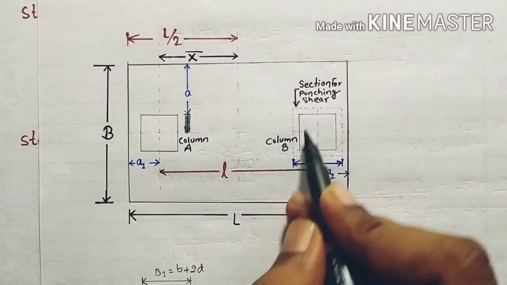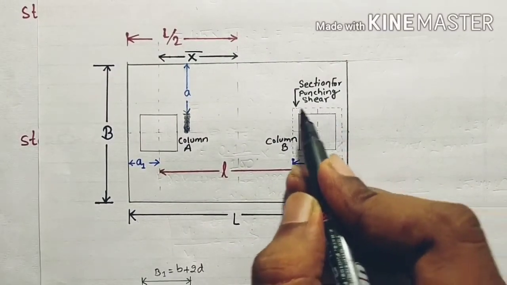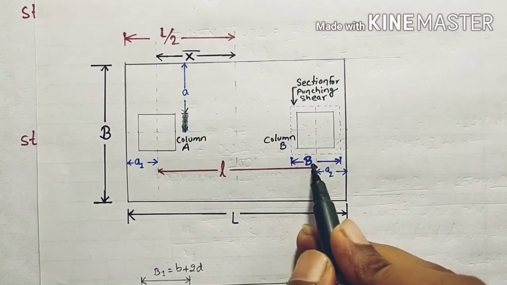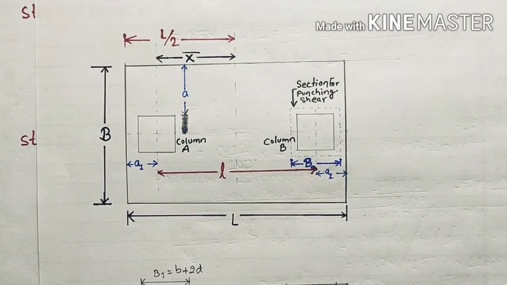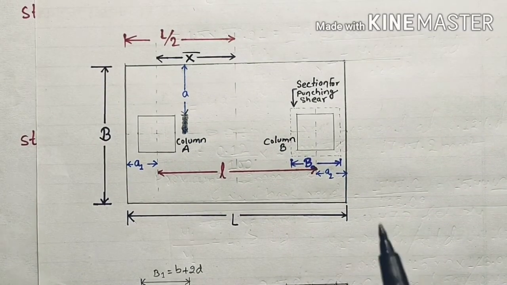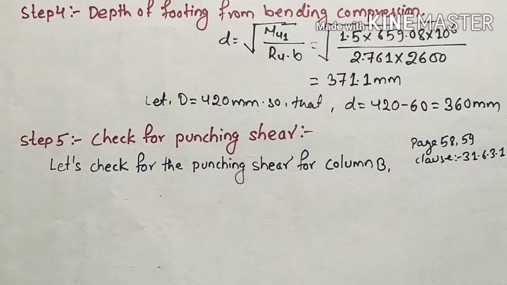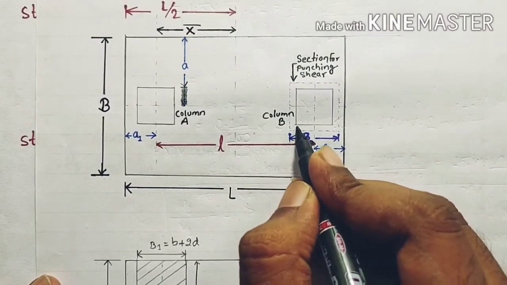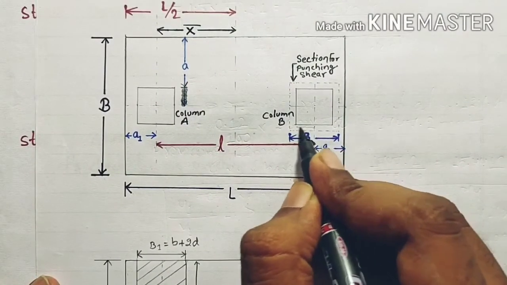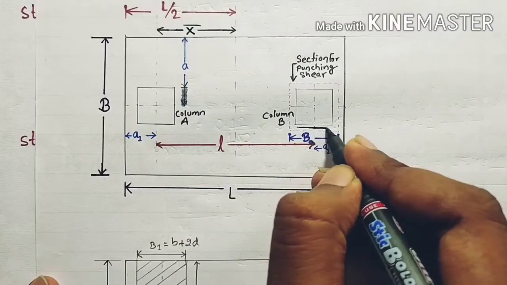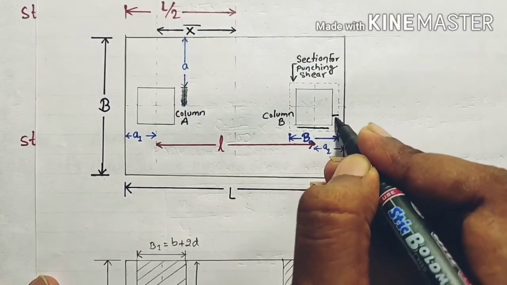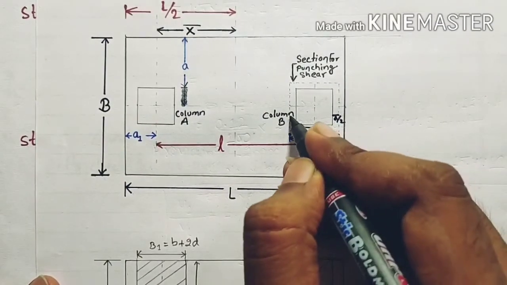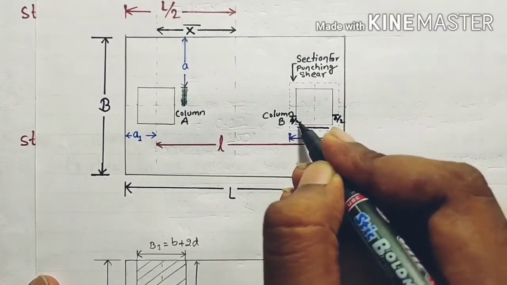This is our column B, and this dotted portion shows the section for the punching shear whose dimension is denoted by B note. Let me write it down, then we will proceed. B note is taken as the width of this column plus half of the depth, d by 2, and this is also d by 2.